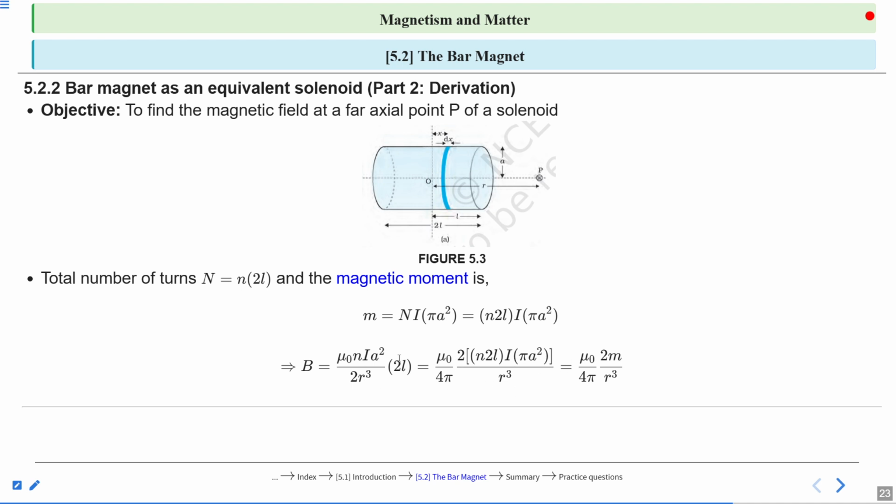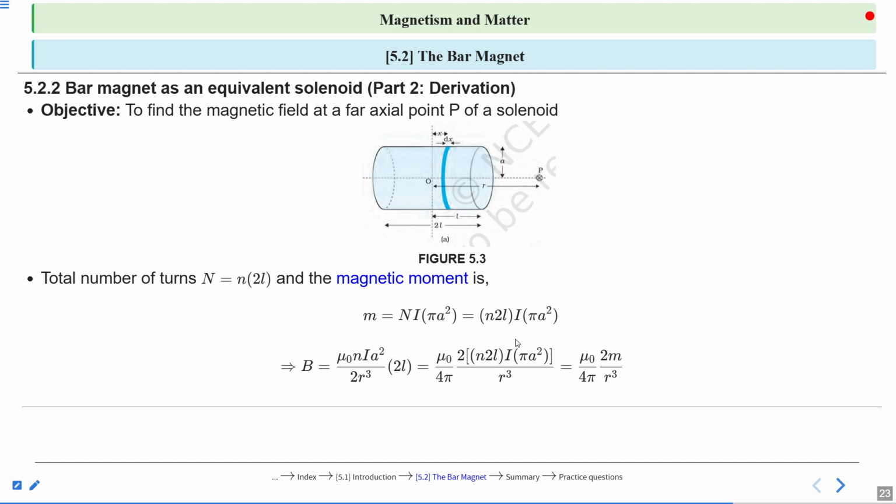Also we are going to multiply it by 2 by 2. So it will become 4 pi in the denominator, and in the numerator there is 2. So mu naught by 4 pi, this constant is sorted. So 2 into n2L and I, and pi we have multiplied in the numerator and denominator, will become pi a square upon r cube. So n2L I pi a square, this whole term will become the magnetic moment. So it will result in mu naught by 4 pi, 2m upon r cube.